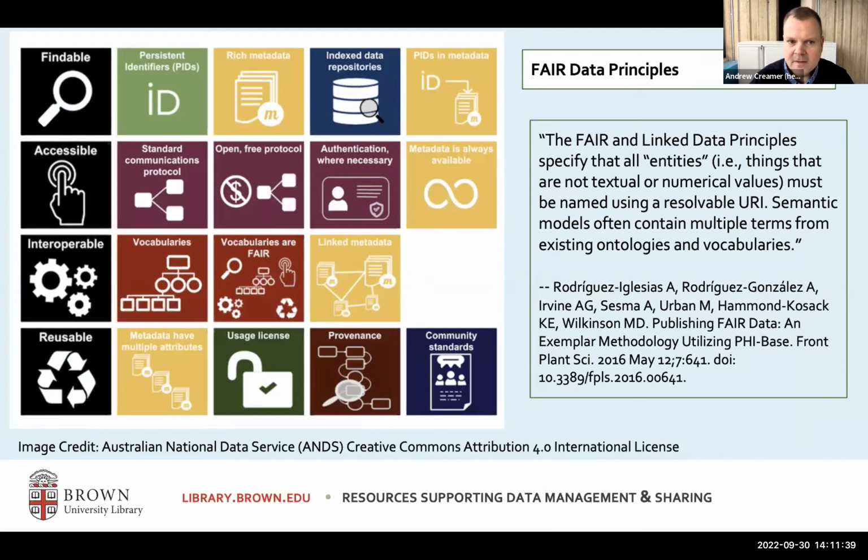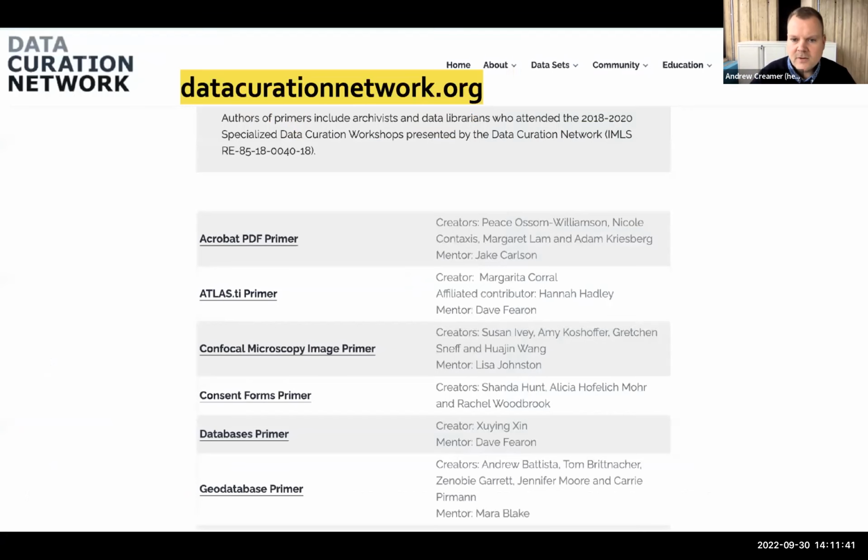And so we do have folks that are interested in trying to enhance their data curation and data management. Some of the resources that we have in our DMP tool guidance include an organization called the Data Curation Network, where you can find different primers about some of the data sets that you might work with, like confocal microscopy images, for example, or other types of files that have information about curatorial recommended practices for that specific data type.